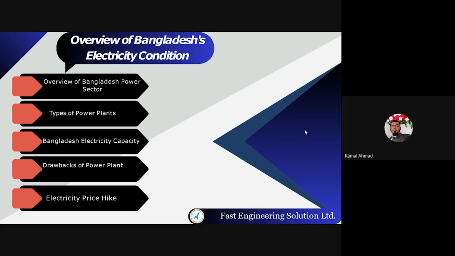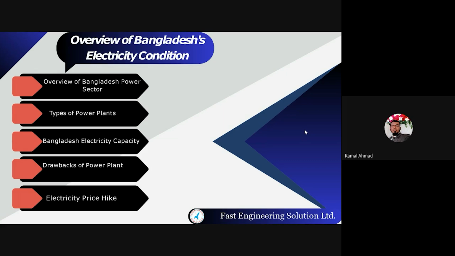Bangladesh's requirement of power right now, because of the development work of the Bangladesh government, the requirement of natural gas increases very rapidly. On the other hand, our natural resources are limited, which we need to manage in a very efficient manner if we want to become a developed country by 2041.